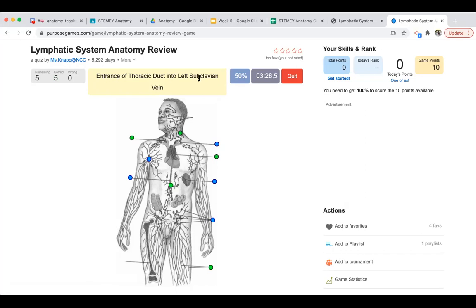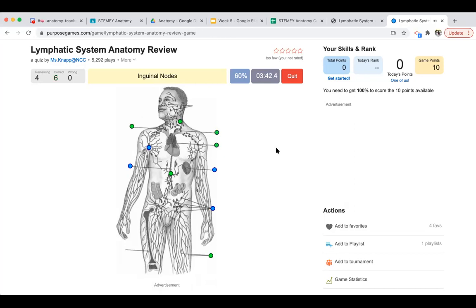The entrance of the thoracic duct into the left subclavian vein. Okay, we're getting a lot for this one. That's correct. This is the major thing we went over in the slide too. The inguinal nodes, I didn't emphasize that. Is it the inguinal lymph nodes, like on the bottom?